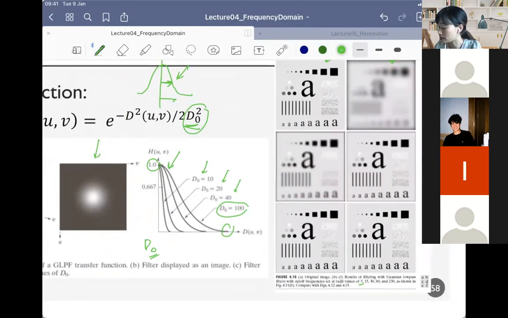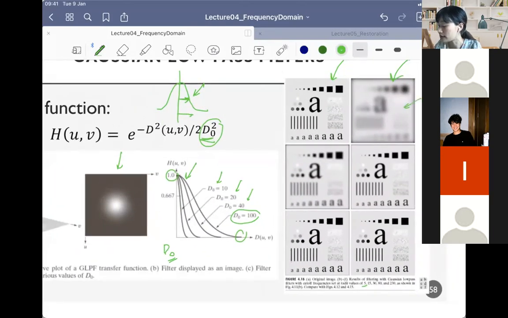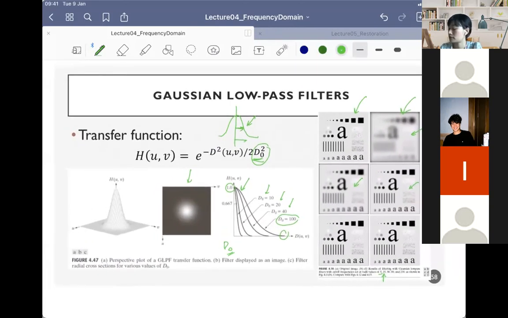So the information here is very little, and that's why you see a very weak image. When you add more frequency by expanding the cutoff frequency value, you get more information or more details in the image. Yeah, so those are the examples of the filters.